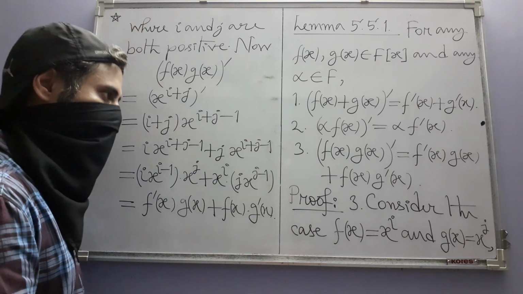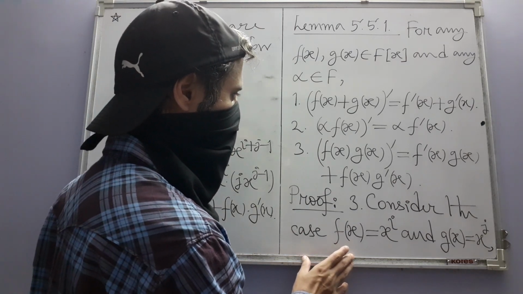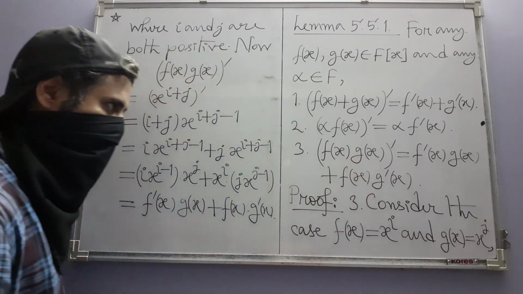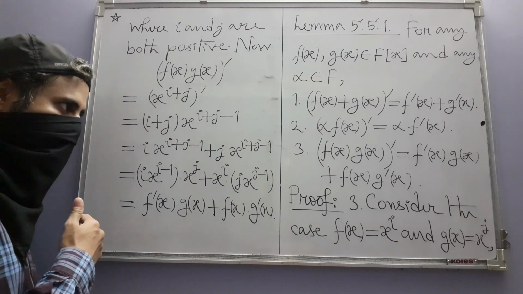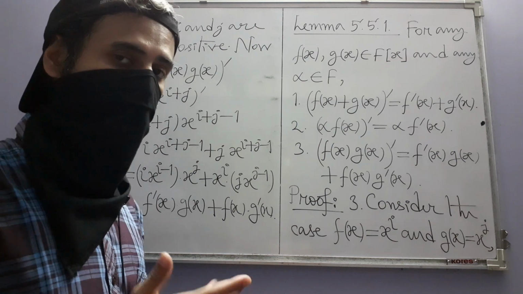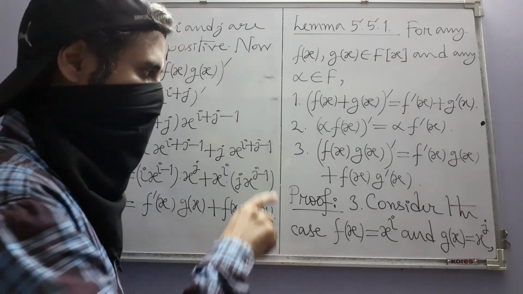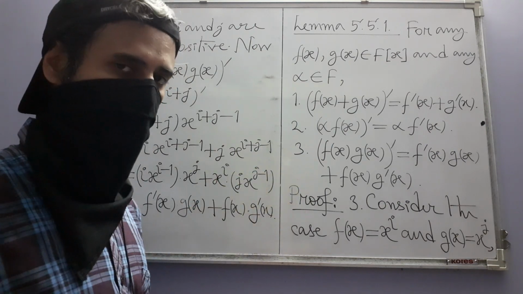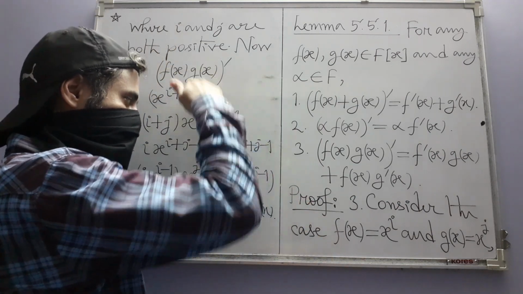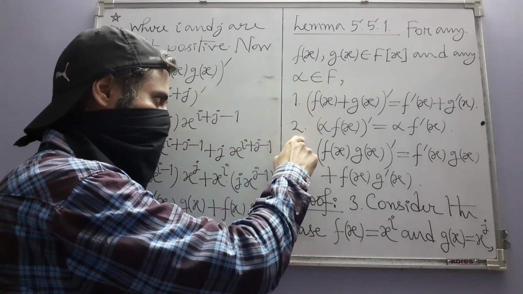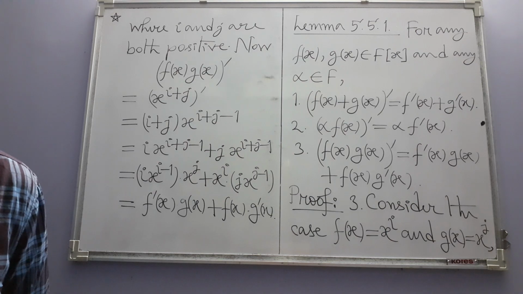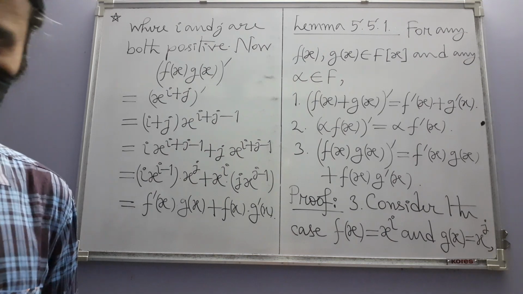Now all you have to do is understand that if you take the product of two polynomials, then a polynomial arises as a linear combination of monomials with coefficients from your field. On that, if you apply this and use 1 and 2, then you will get 3. Let me just show you roughly how, but actually you should have already understood how.